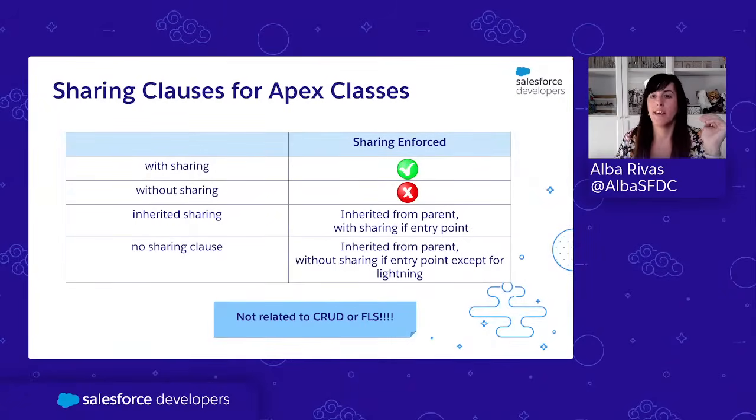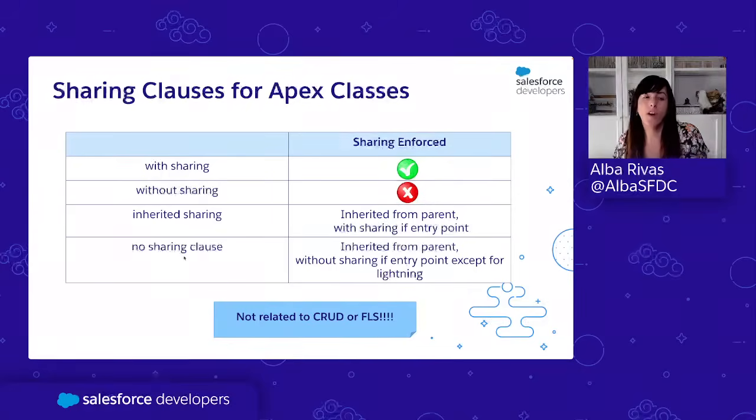What I mean is, if you go through the security review, and you have some classes that are without sharing, and you have a comment that explains why, and it has a very good reason, then the security review team is going to accept that that class is without sharing, because sometimes it's just a business requirement of our code, okay? But it's much better to use without sharing and with sharing explicitly than to not use anything. Not using anything has some side effects, okay?